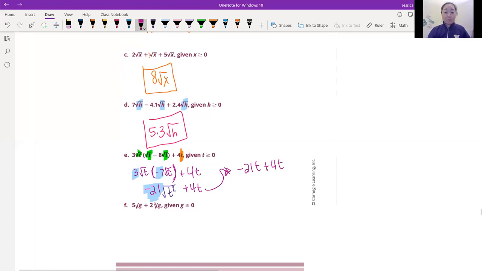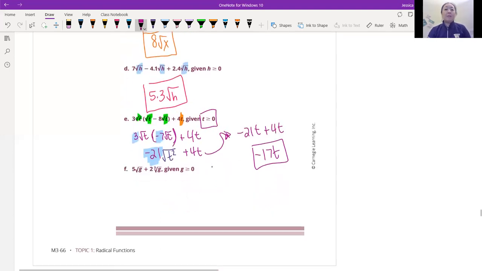And there are no more square roots, which means we can combine them together. So that's going to be negative 17t. Do we need to put absolute values on them? We don't have to, because it's already stated that t is greater than 0. So we're good.